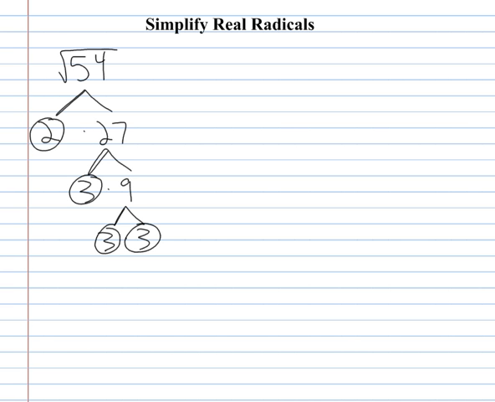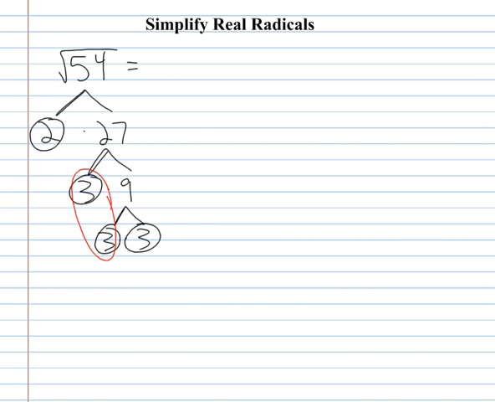Now, what this allows us to do is to visually see any perfect squares. And we know we have perfect squares whenever we have a pair of the same number. So for example, we have 2 3's right here. So that means 3 times 3. Well, the square root of 3 times 3 is just regular 3.